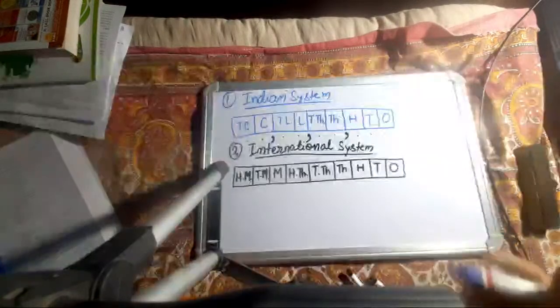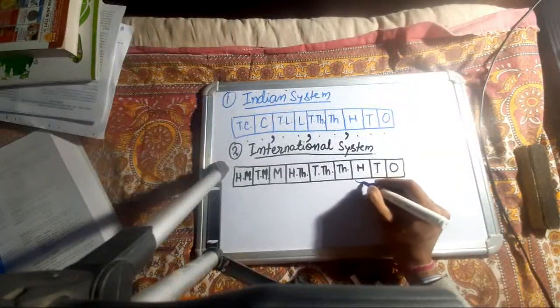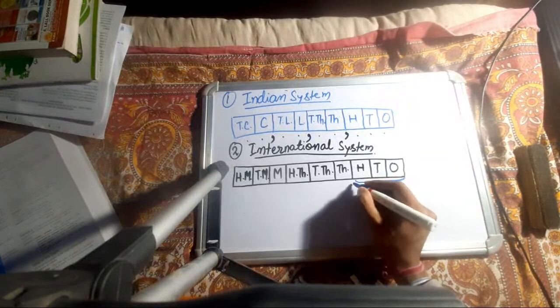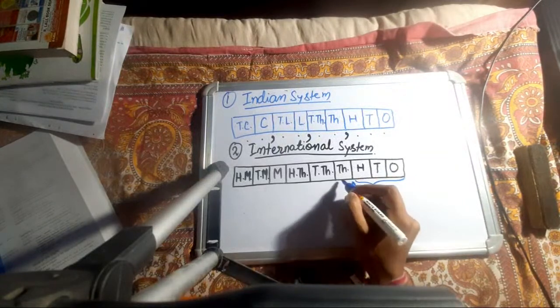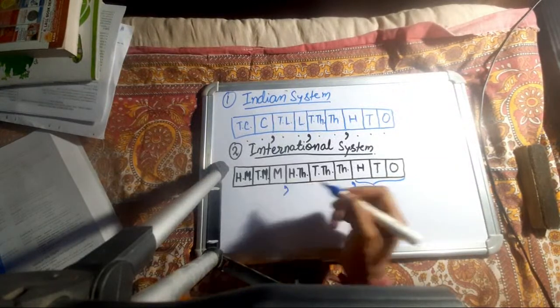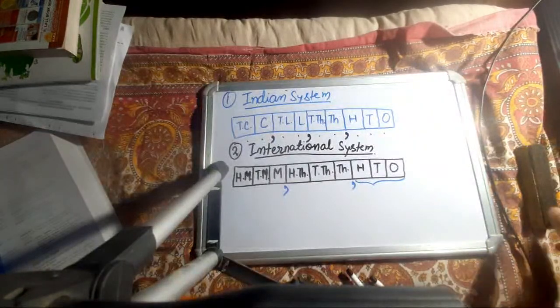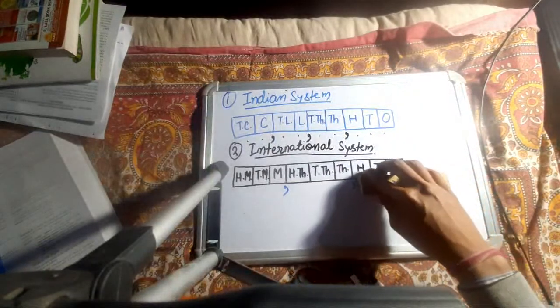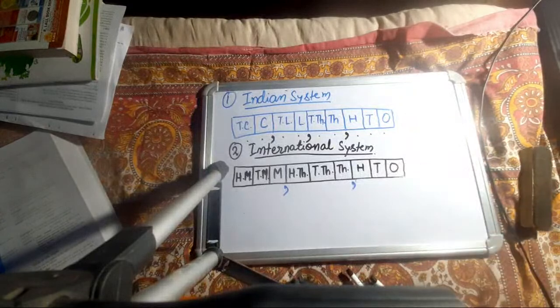Now let's see. Similarly, up to 3 digits we put 1 comma, then after the 1000 part we put another comma here. So let us take one example of a number.